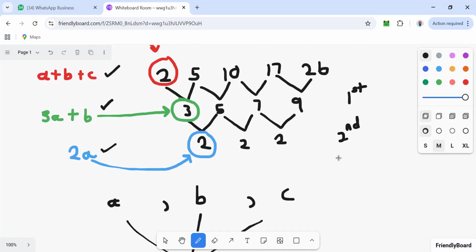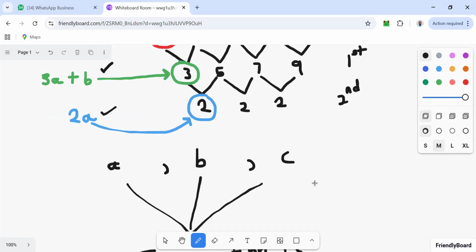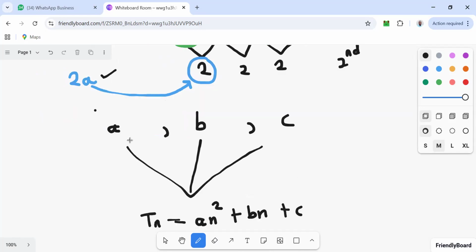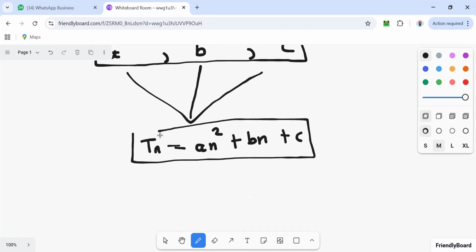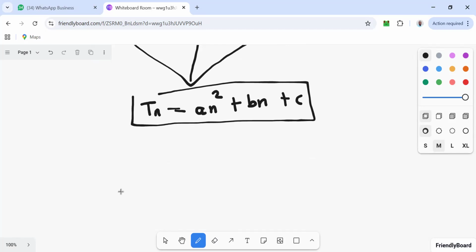These rules will help me to find the values of a, b, c, which I will then sub into this general term of the quadratic number pattern. Without wasting time, I'm going to write again that quadratic number pattern, and we are going to apply everything that we have just touched to find the general term.